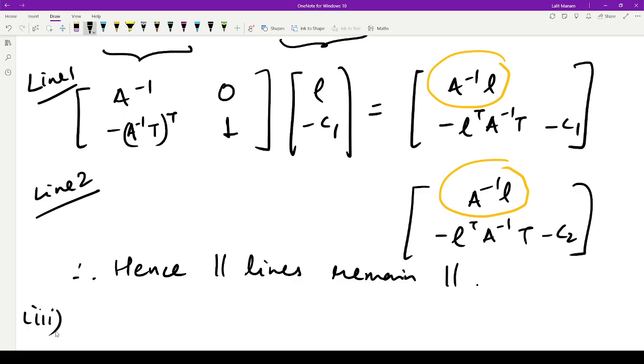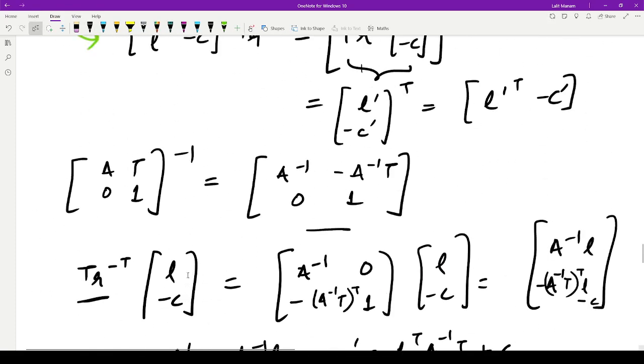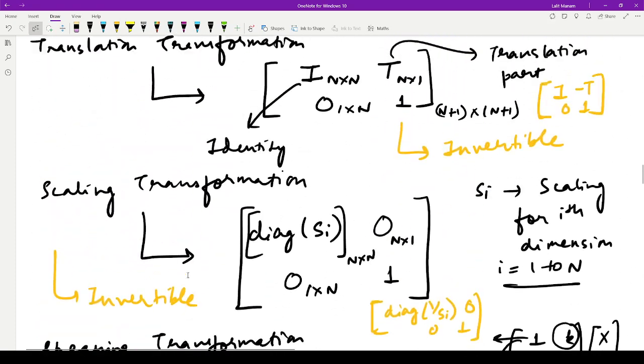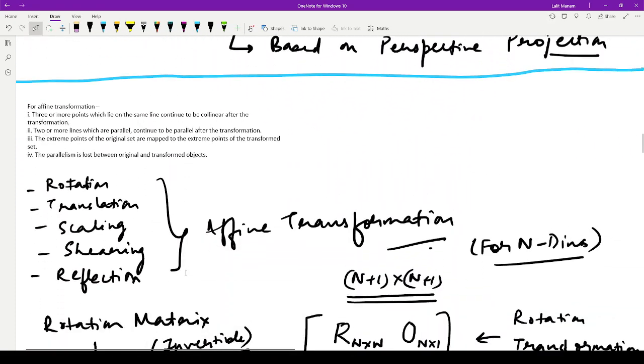Okay. What was the third part? The extreme points of the original set are mapped to the extreme points of the transformed set. And do you agree with this or not? What do you mean by extreme points?